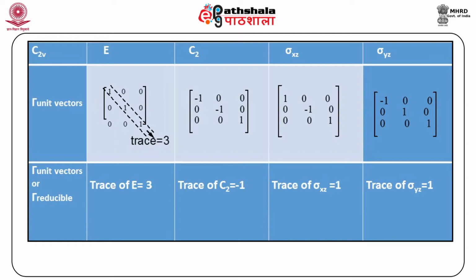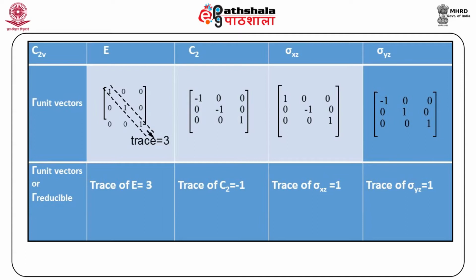Now, what happens if I take the E matrix and sum the diagonal elements? The sum comes out to be 3. The sum of the diagonal elements is known as the trace of the matrix. So, for E we get 3, for C2 we get -1, for sigma xz we get 1, and for sigma yz we get 1. So the traces are 3, -1, 1 and 1.